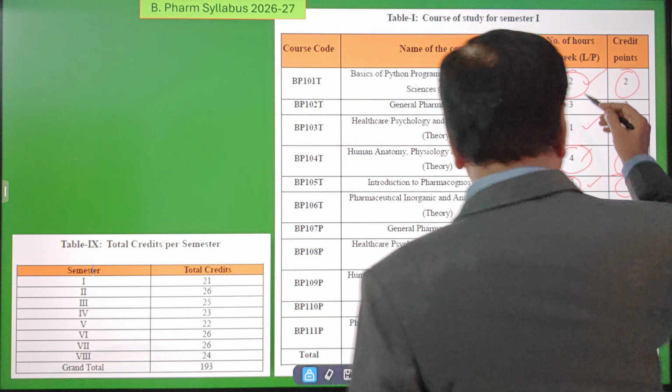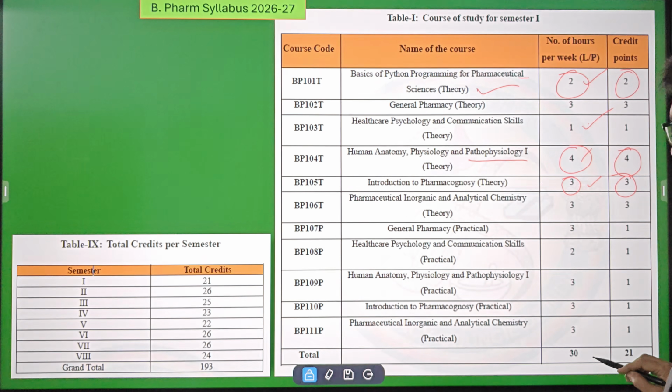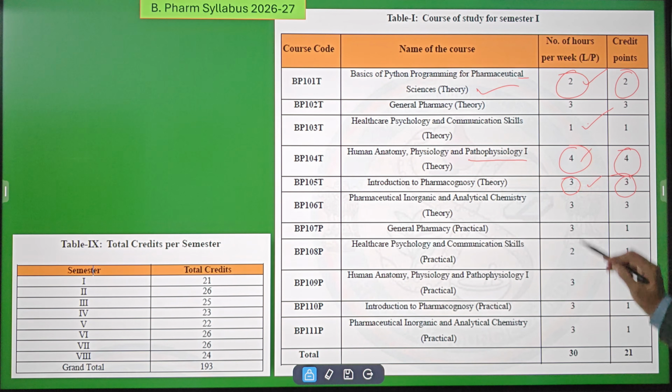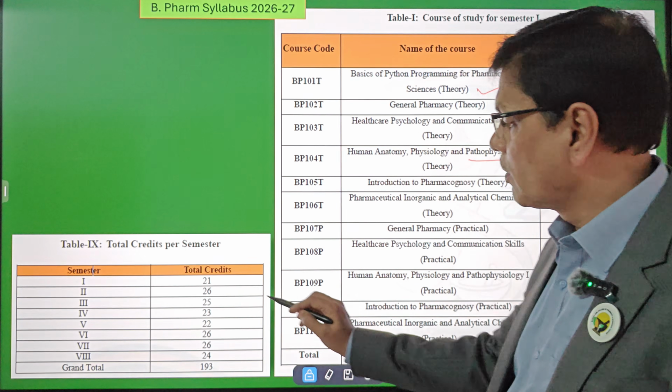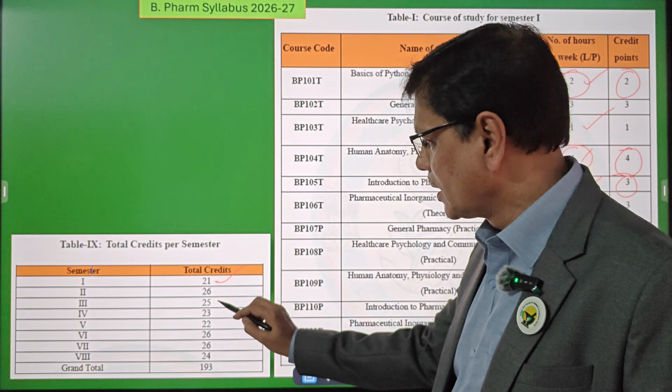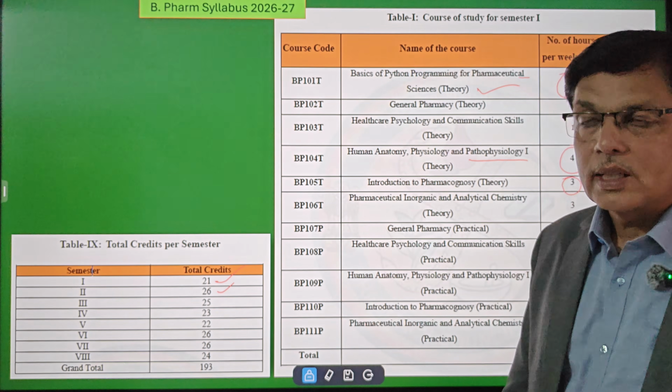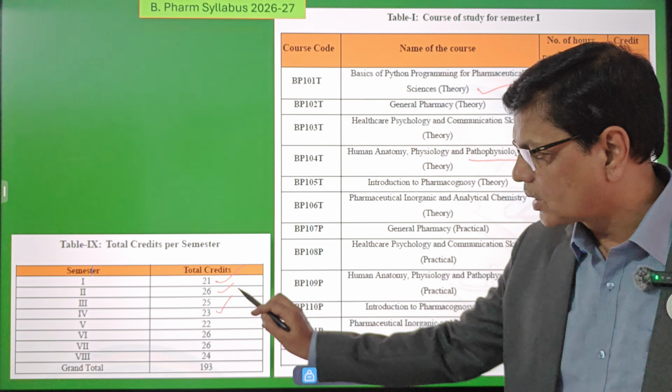So like this, there are total 30 hours of classes and 21 credit points for first semester. Second semester is 26, third semester is 25, fourth semester is 23.